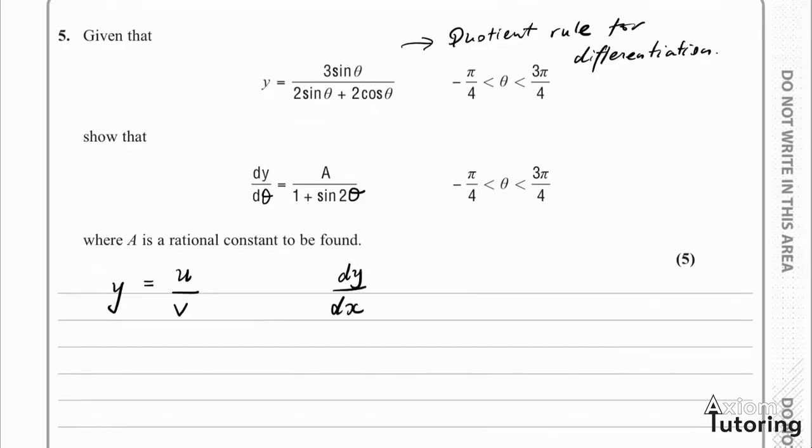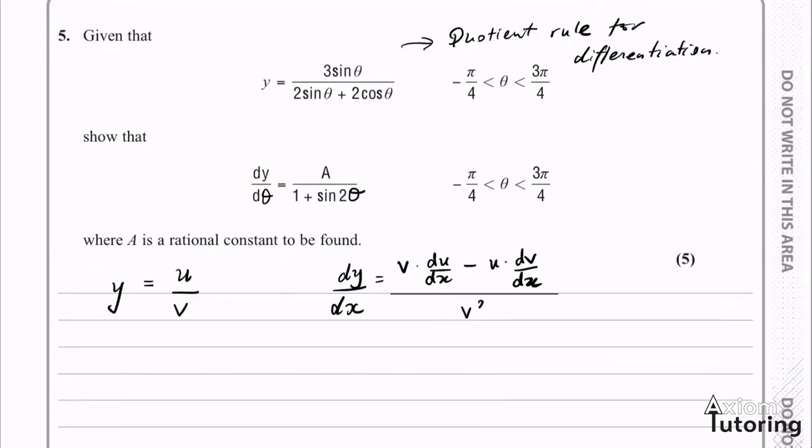I'll just write it like that for now, and then we'll change it to y and theta. So dy over dx would be v times du over dx minus u times dv over dx all over v squared.